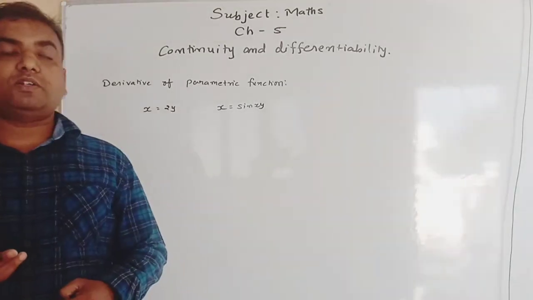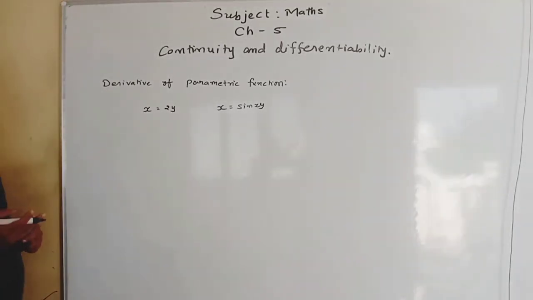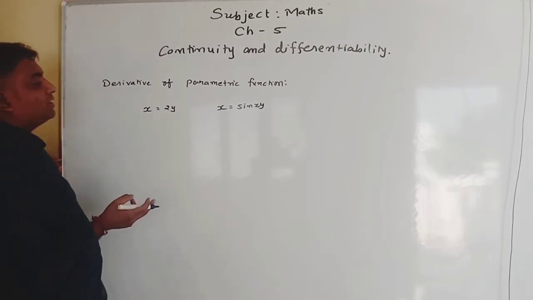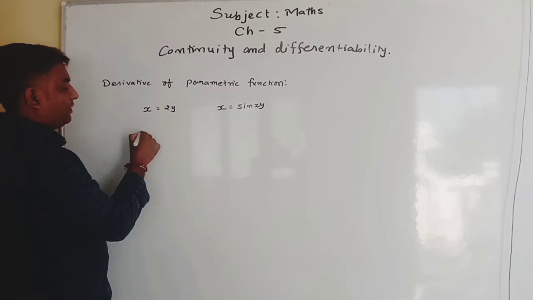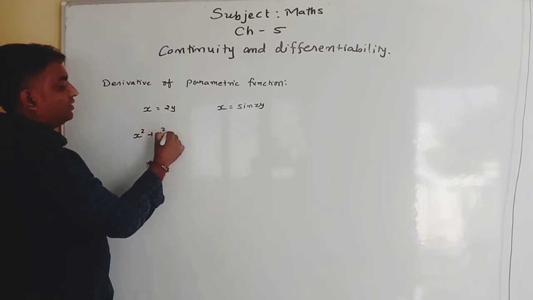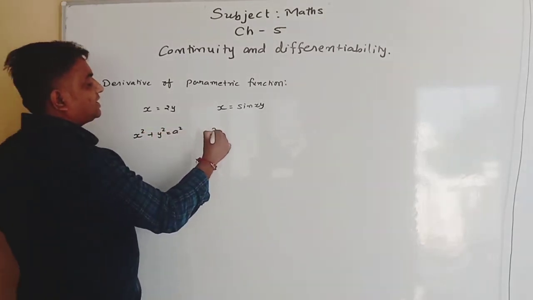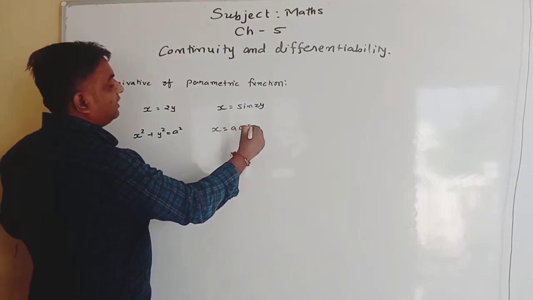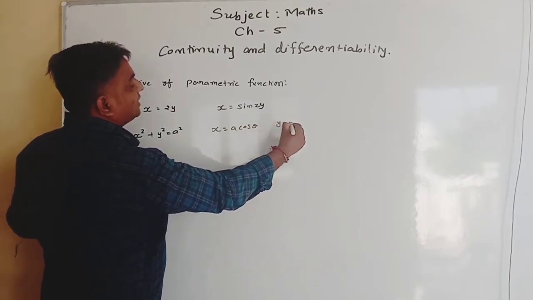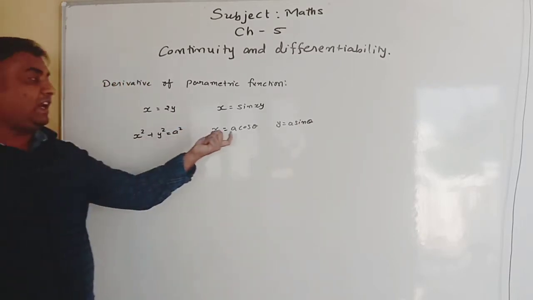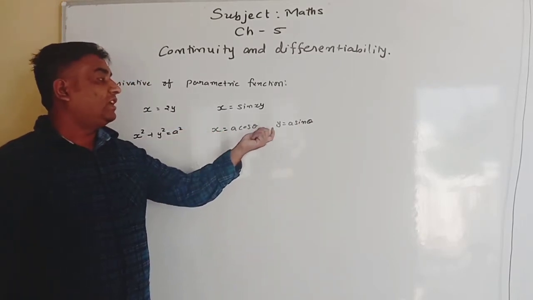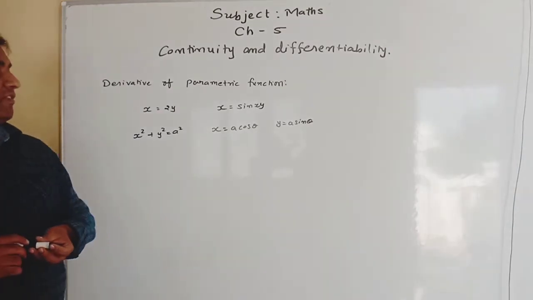But there are functions that give the relation between two variables through a third variable. Like if we take x square plus y square equals a square, then x equals a cos theta and y equals a sin theta. Here theta is the variable which gives the relation between x and y.